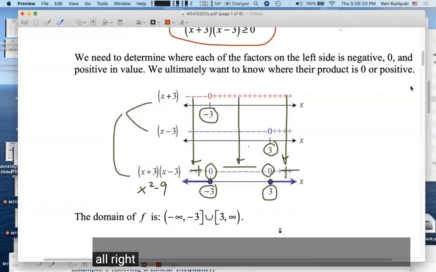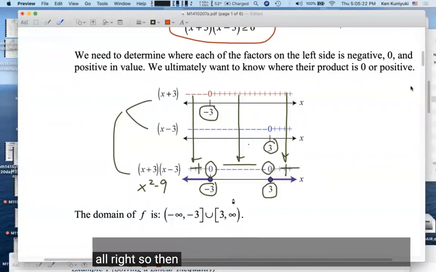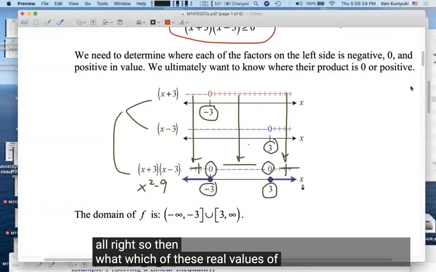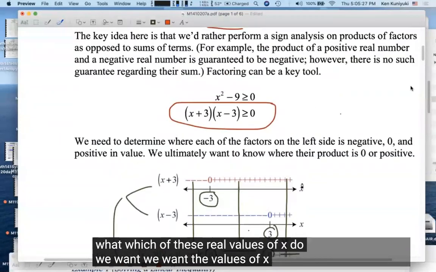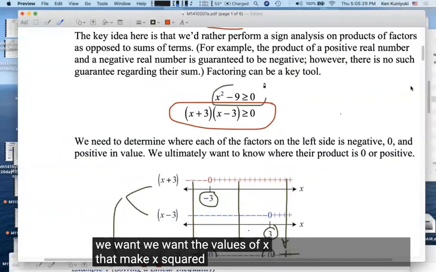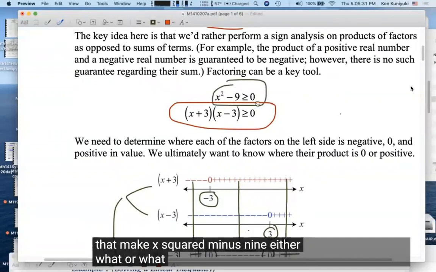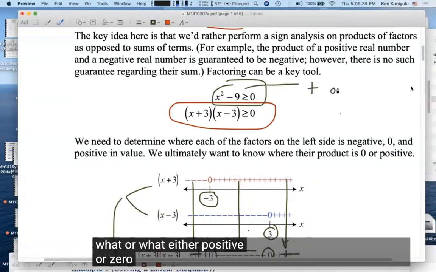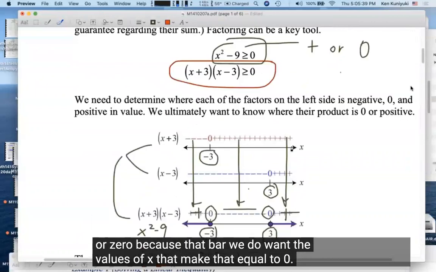All right. So then, which of these real values of x do we want? We want the values of x that make x squared minus 9 either positive or 0. Because of that bar, we do want the values of x that make that equal to 0.